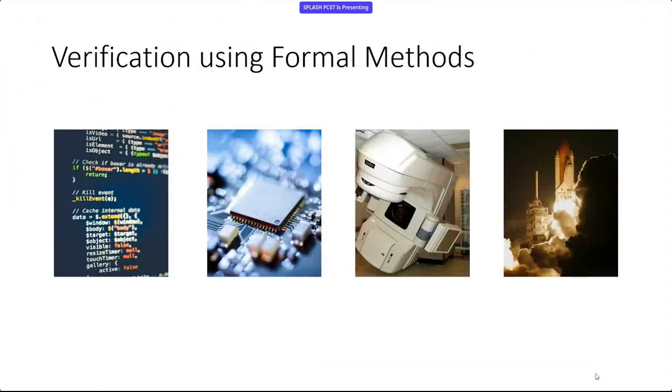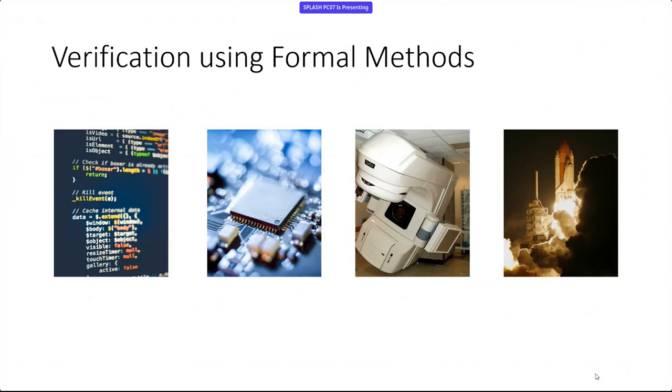You all have seen these pictures 10,000 times and more. These are all success stories of using formal techniques in system safety, in large code bases, safety critical systems, and in hardware verification as well, right?